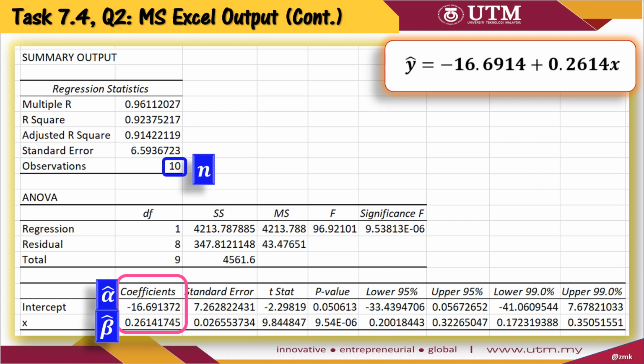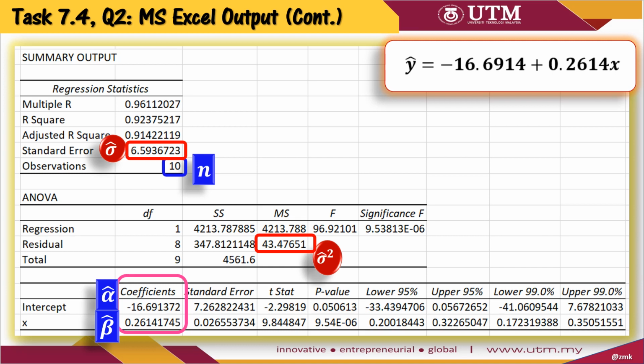The estimated standard error, which is the standard deviation of the errors or residuals, is given by around 6.5937. If you square this value, then you get about 43.4765, which is the residual or error mean square MSE used to estimate the error variance sigma hat squared.